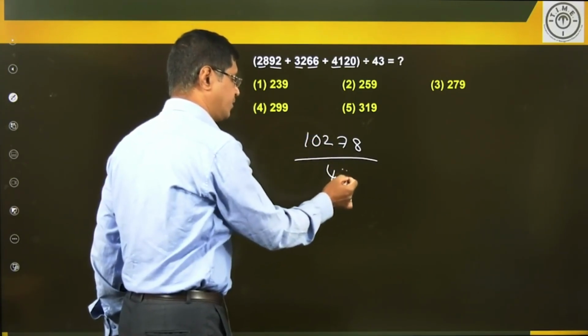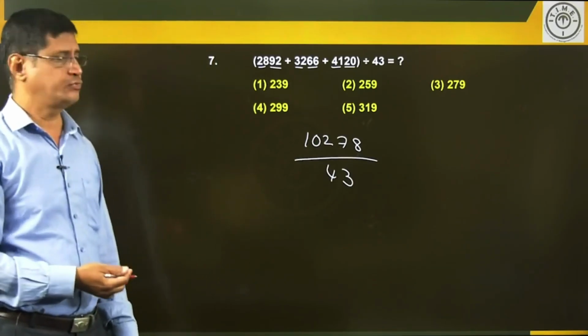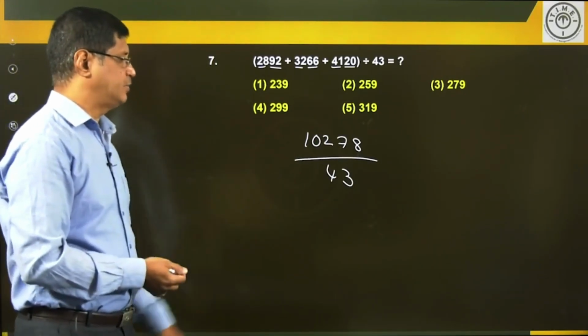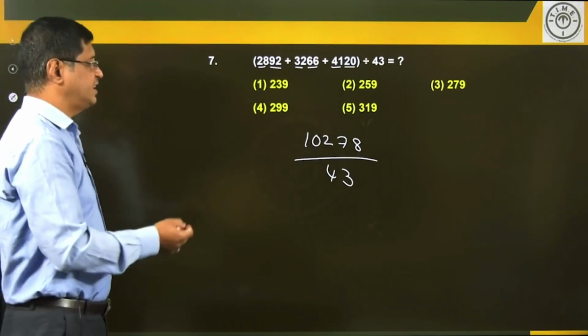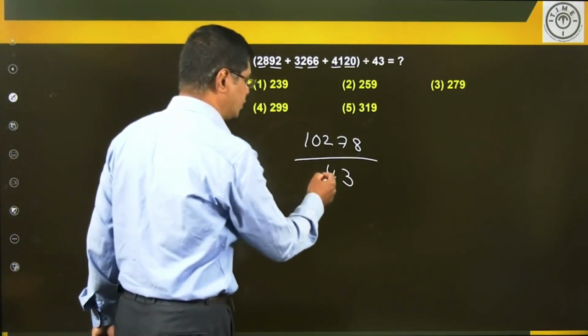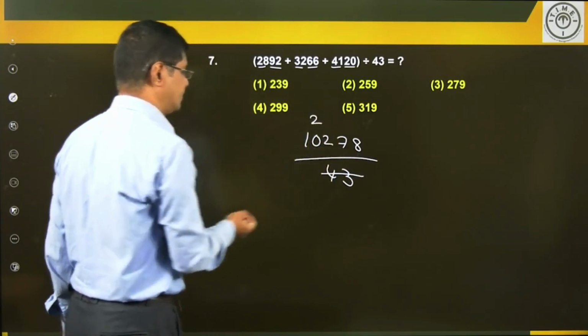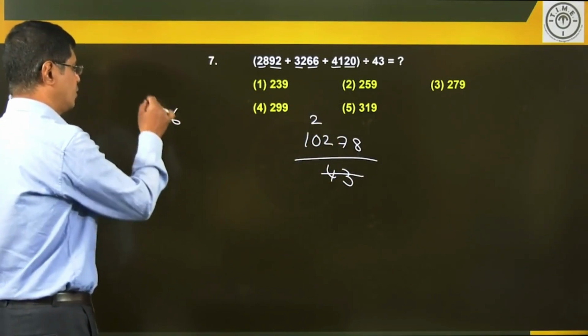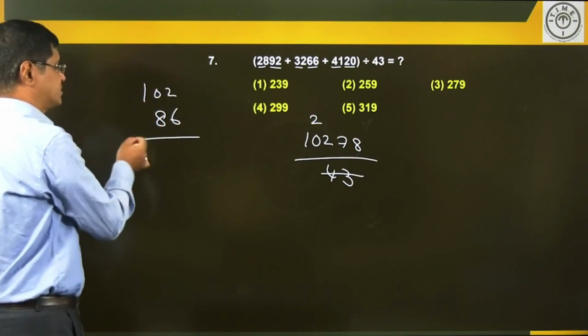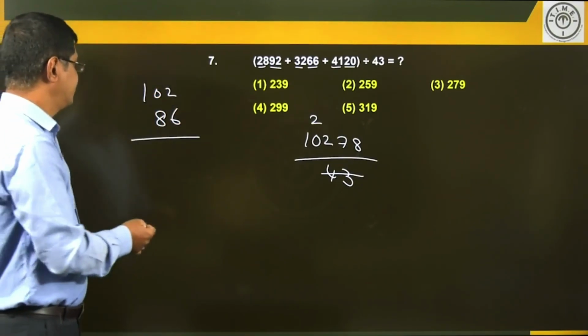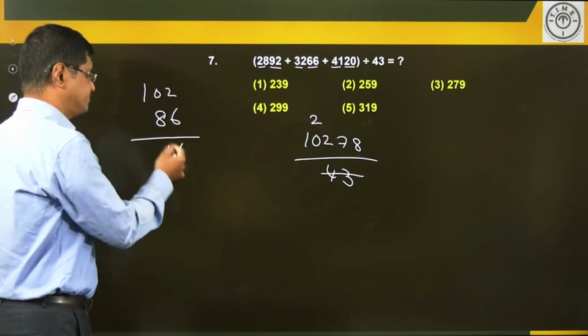Divide with 43. Now how many times 43? 2 times, that is 86. 102 minus this value, what is the result? The result is 16.